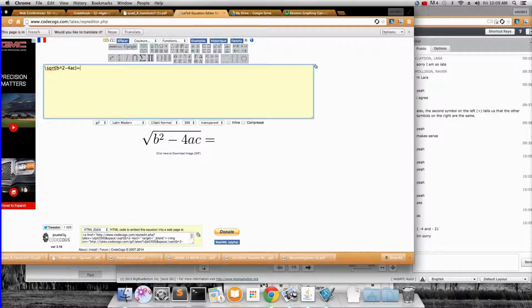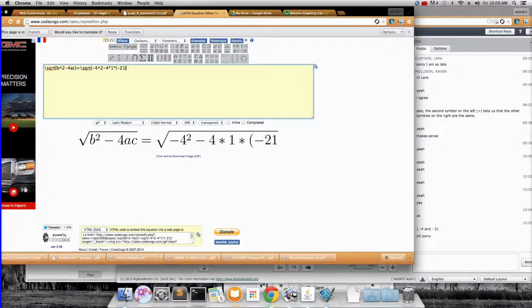Now if I plug in my numbers, you're talking about the square root of negative 4 squared minus 4 times 1 times negative 21. And if it's all right with you, I'm going to put parentheses around my negatives just so I don't get confused.